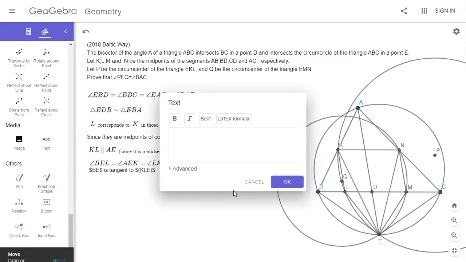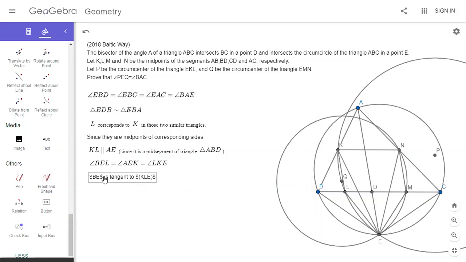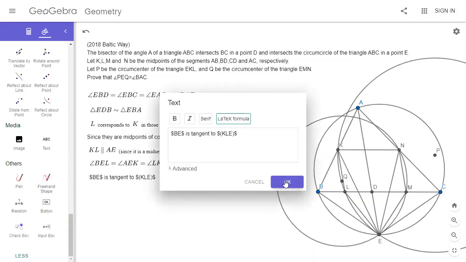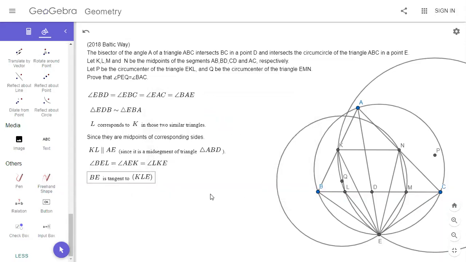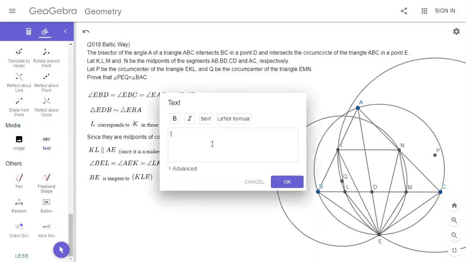And then once we know that, similarly, CE is tangent to NME.